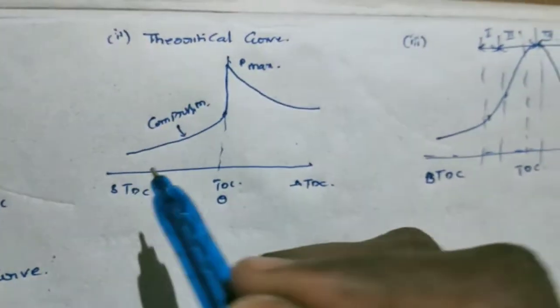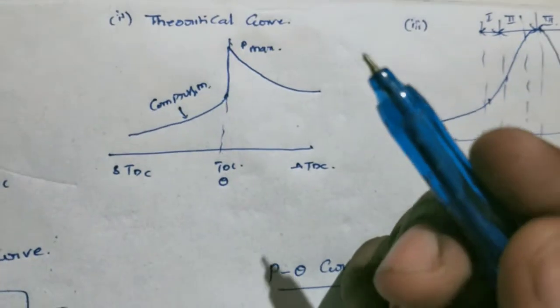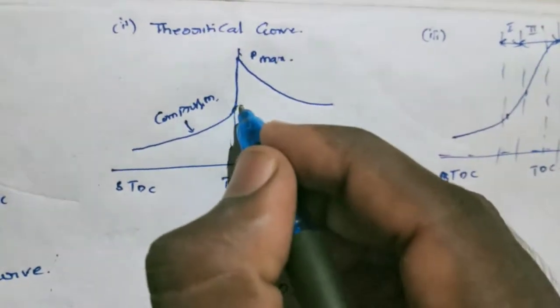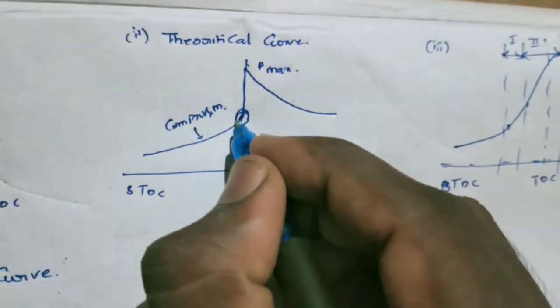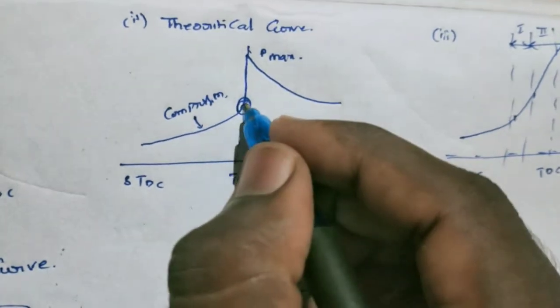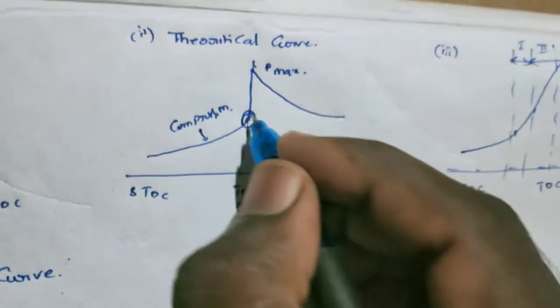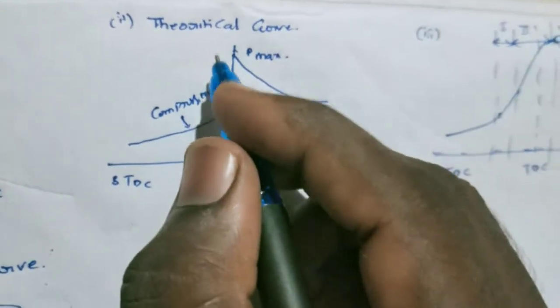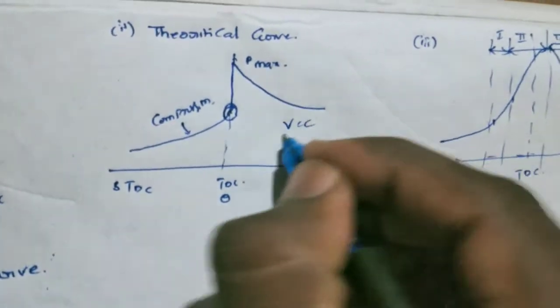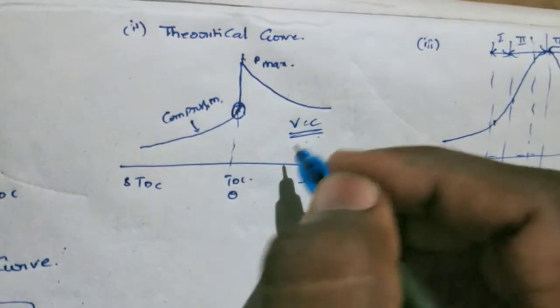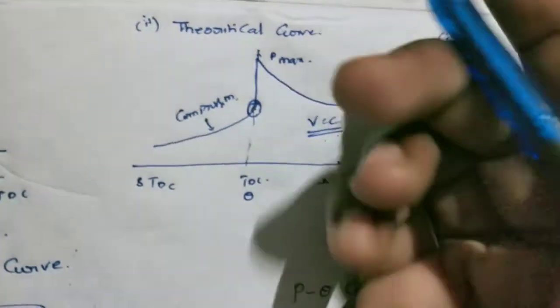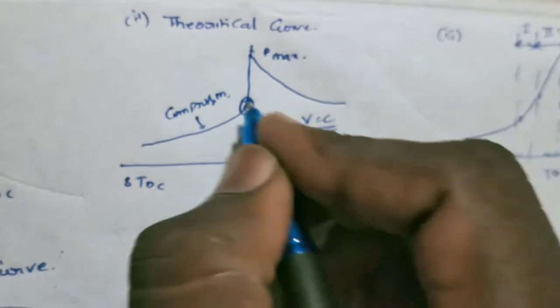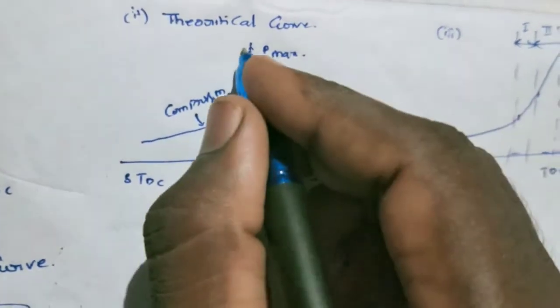Let's discuss the second case, the theoretical curve. Here combustion takes place at the end of the compression. That means when it reaches the TDC, the combustion starts exactly, and combustion takes place at constant volume, as in the Otto cycle, and reaches the peak pressure.